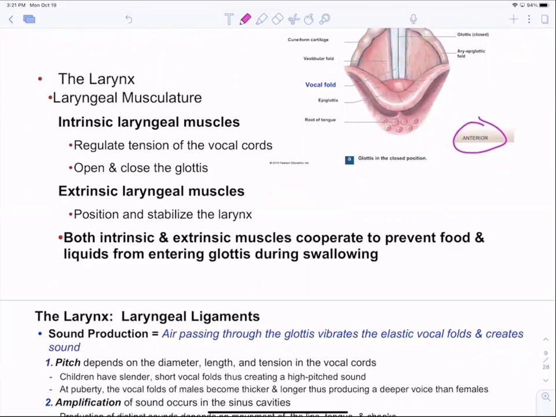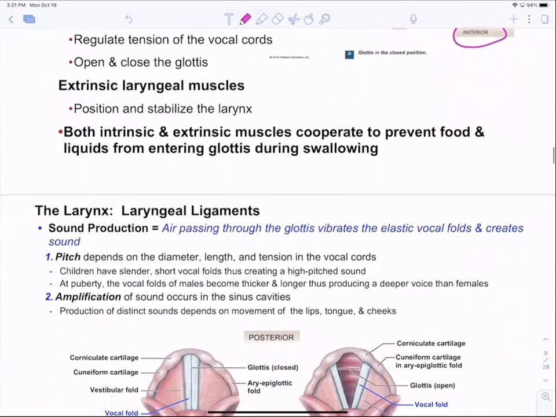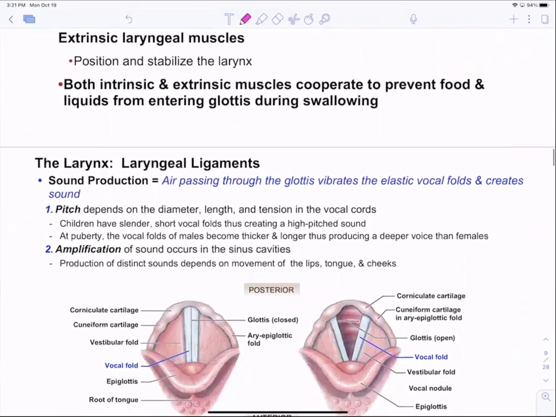This is showing you regulation of tension, right, are the intrinsic ones, plus the opening and closing of the glottis. And then you have the laryngeal ligaments. And these ligaments can open or close to a certain dimension and be a certain tightness. And as air passes by the glottis and the vocal folds, you will produce sound.